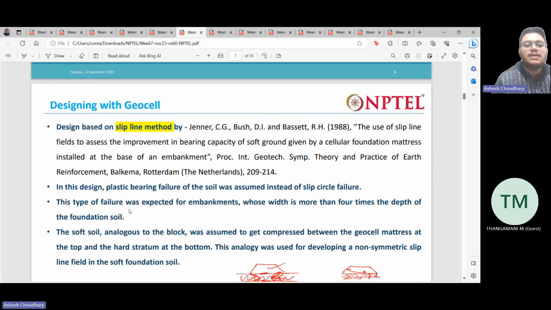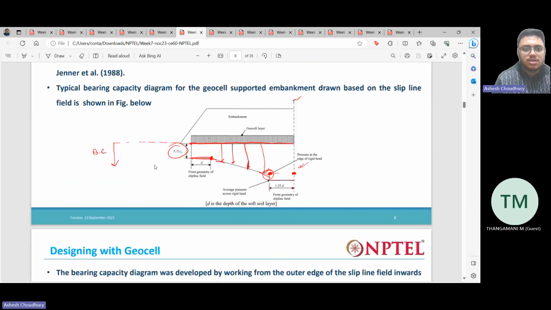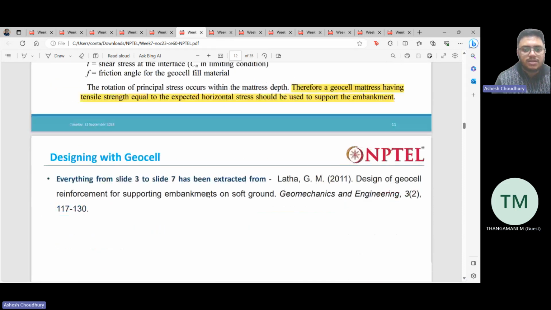There are many design principles that we can use to design with geocell. One is the slip line method that was given by Jenner, Buch and Bassett. We discussed how we can calculate everything from the slip line method.